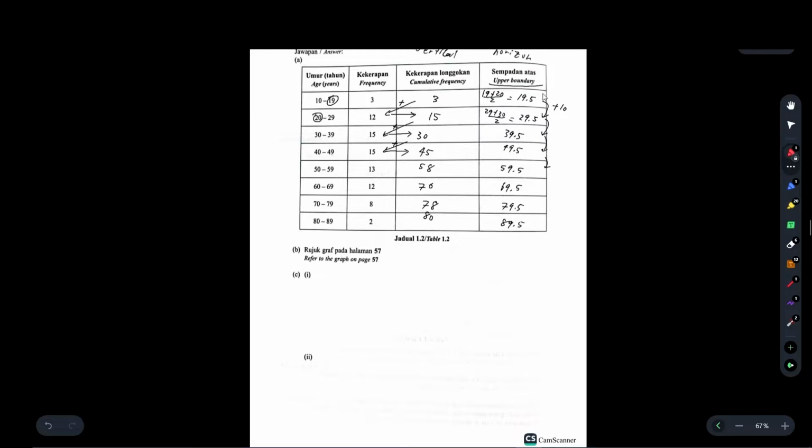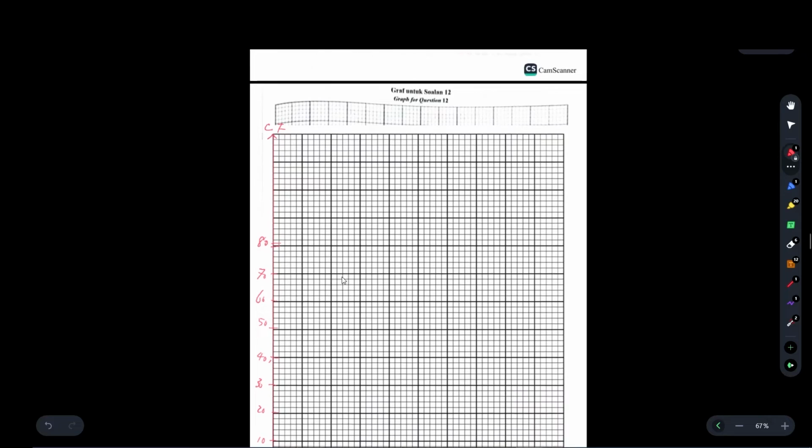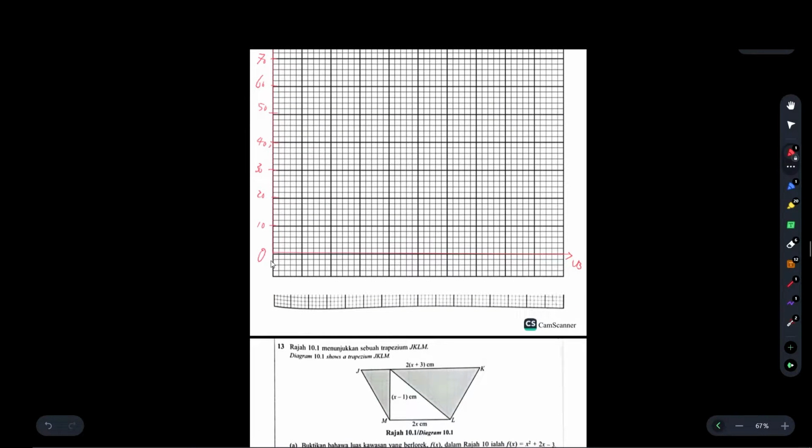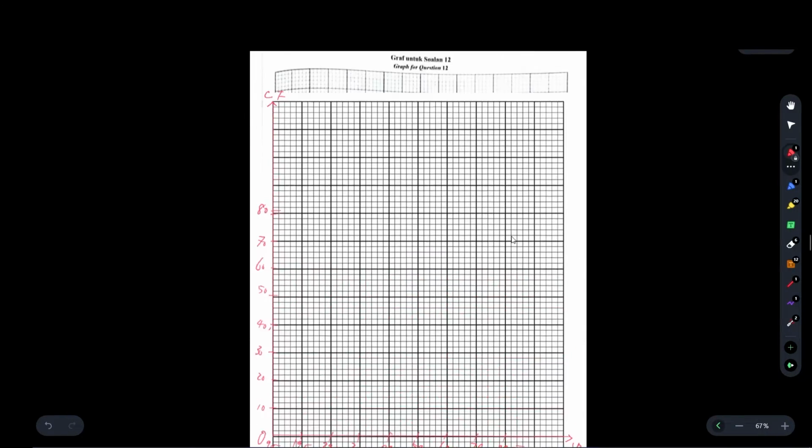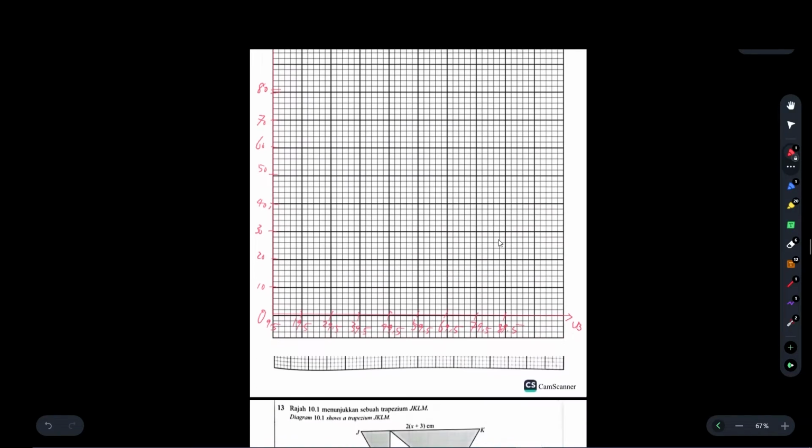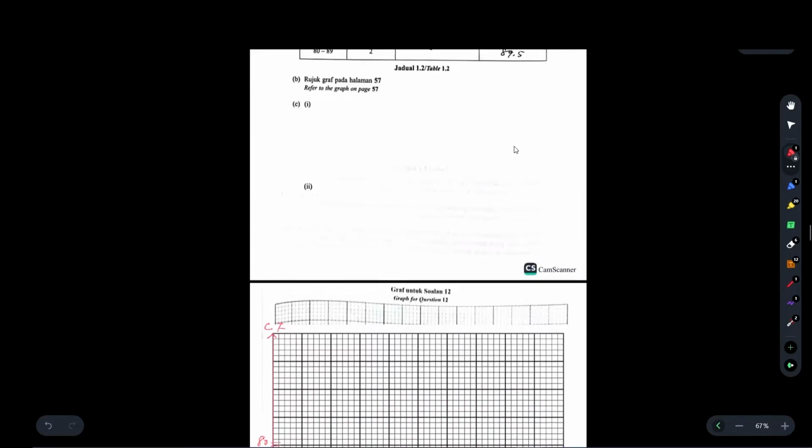It's gonna start from the upper boundary before, which is 9.5. So 9.5 right here, and then 19.5 and 29.5. I think that's it because that's the maximum from here.